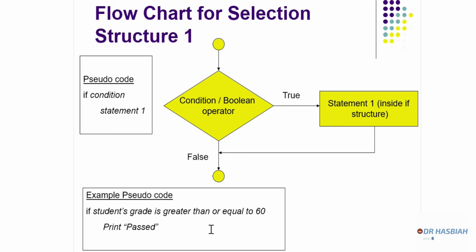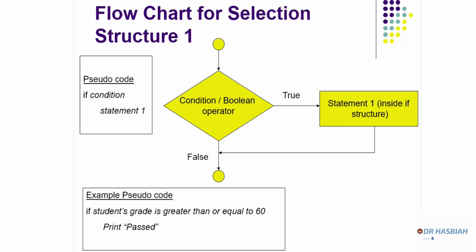Let's say I enter the grade for the student 70, so it's greater than 60, so I will print pass here. So this is the flowchart for the condition structure, meaning here we can choose true or false. But this is for the first selection.